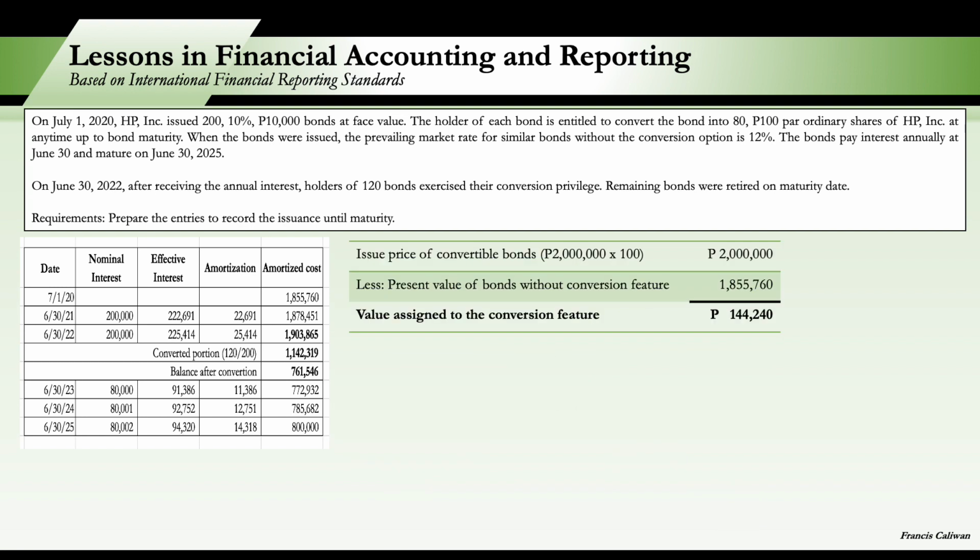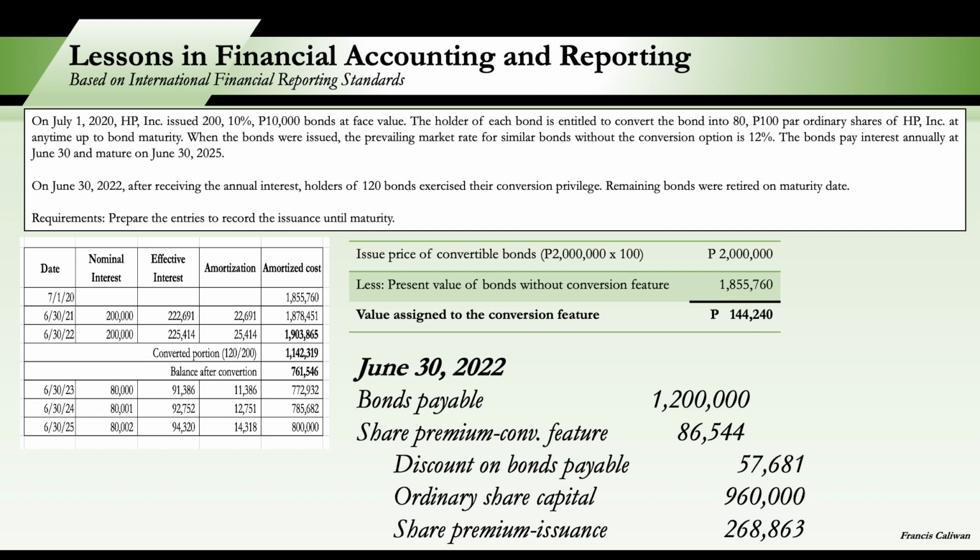Our entry for the conversion of the bonds payable on June 30, 2022: number 1, debit to bonds payable for 1,200,000 and credit to the discount on bonds payable for 57,681. First, we debit the bonds payable account at face value, which is 1,200,000, the face value of the bonds converted on June 30.